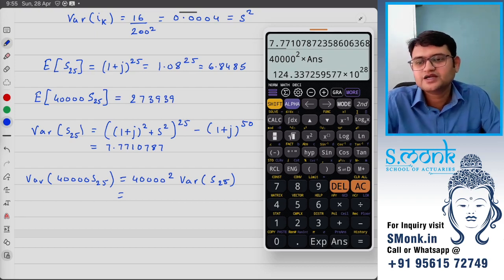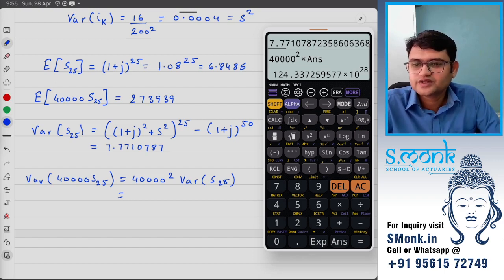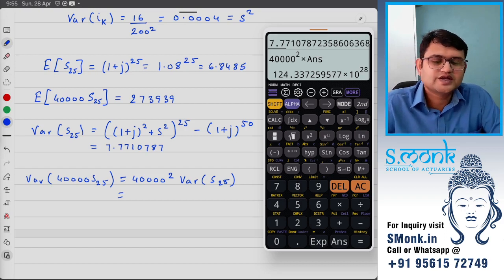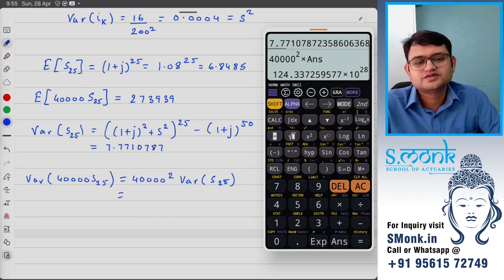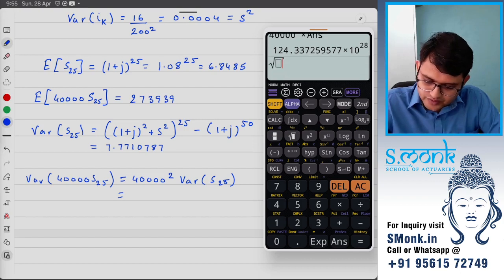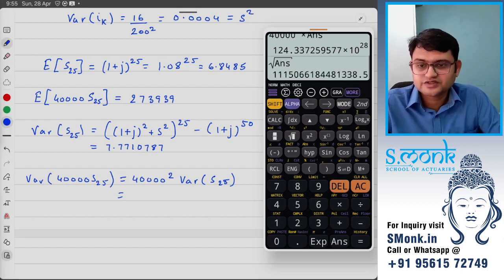So it's a very large value. You can see 124.337 into 10 raised to 28. It was 40,000 square. So in such cases, we'll write our variance in terms of root. I'll take root and then I'll write it as a square. Again, it's a very large value.